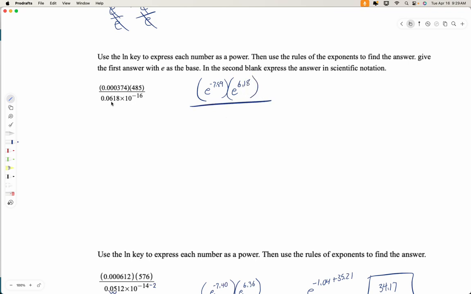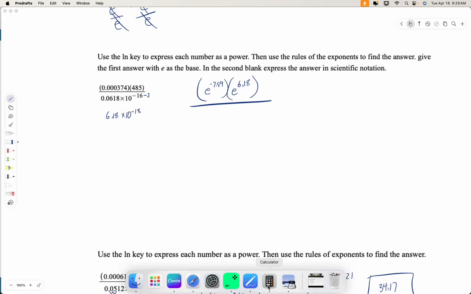In order to do the bottom, I'm going to put that in standard notation. So that's going to be minus 2, 6.18 times 10 to the negative 18. Now I'm going to put that in my calculator.